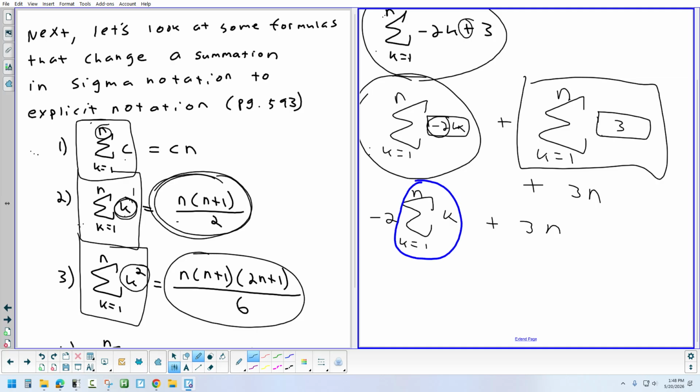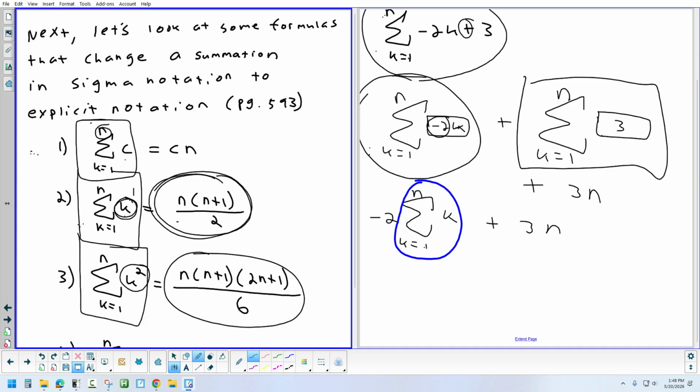What's the formula for adding up the first n integers to the first power? Well, it's not this one.